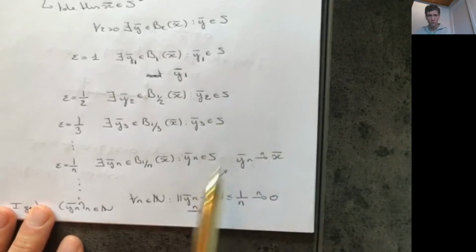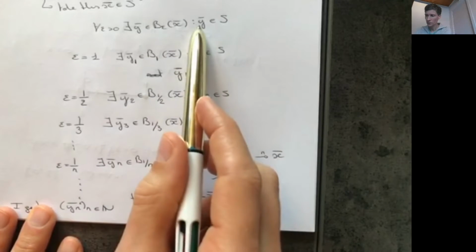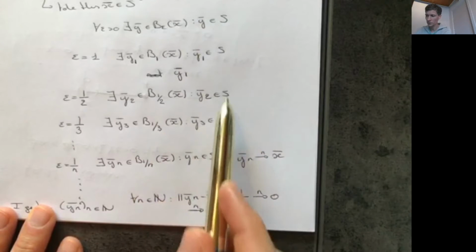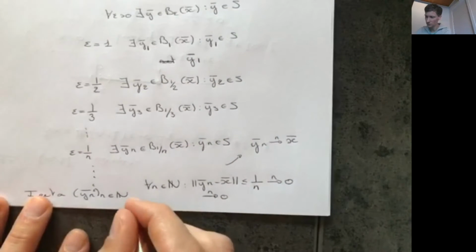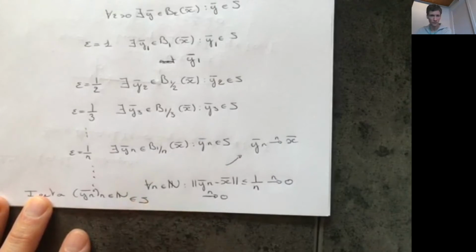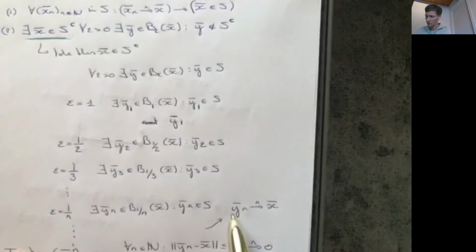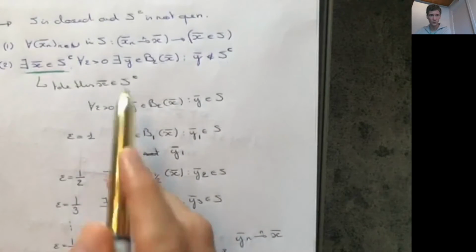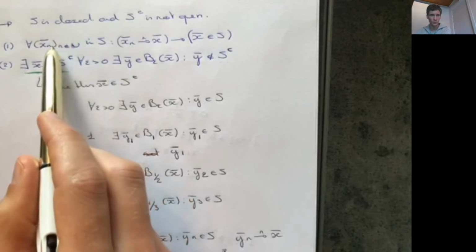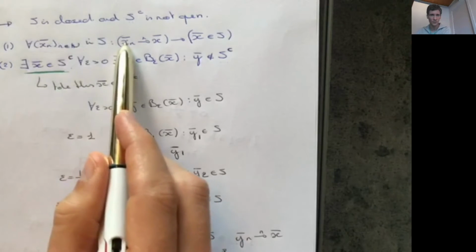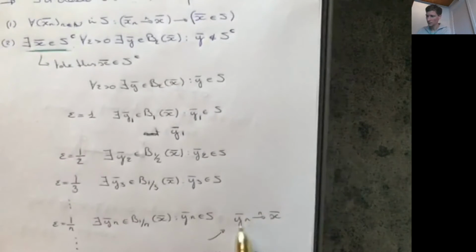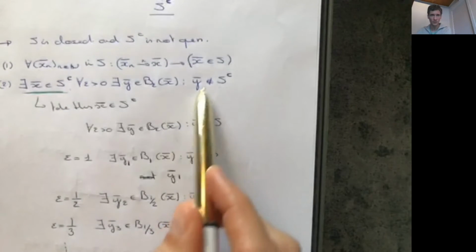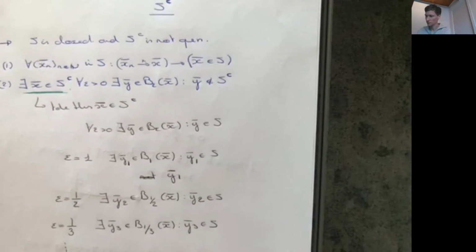So what do we know also about this sequence? Well, we know that y1 is in s, y2 is in s, y3 is in s. All of the y's are in s. So this is a sequence in s. Okay. And the sequence converges to x. But we had that s is closed, right? So for any sequence in s, if the sequence converges, then the limit also needs to be in s.